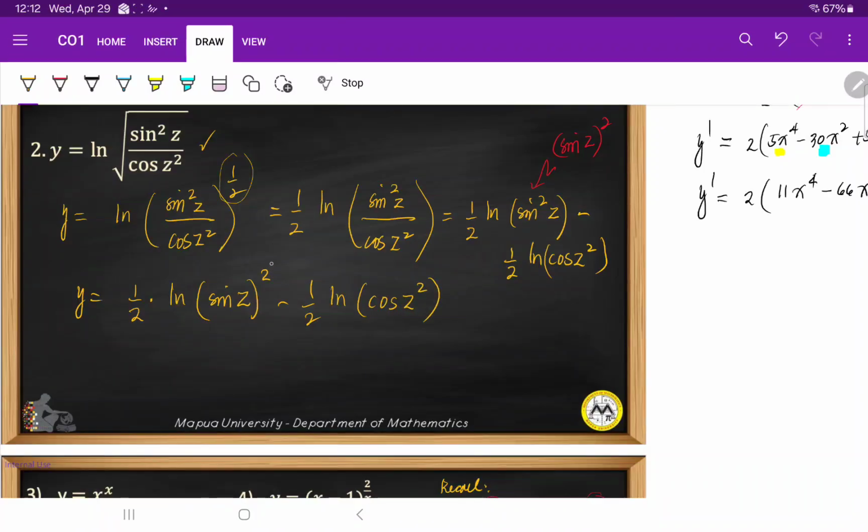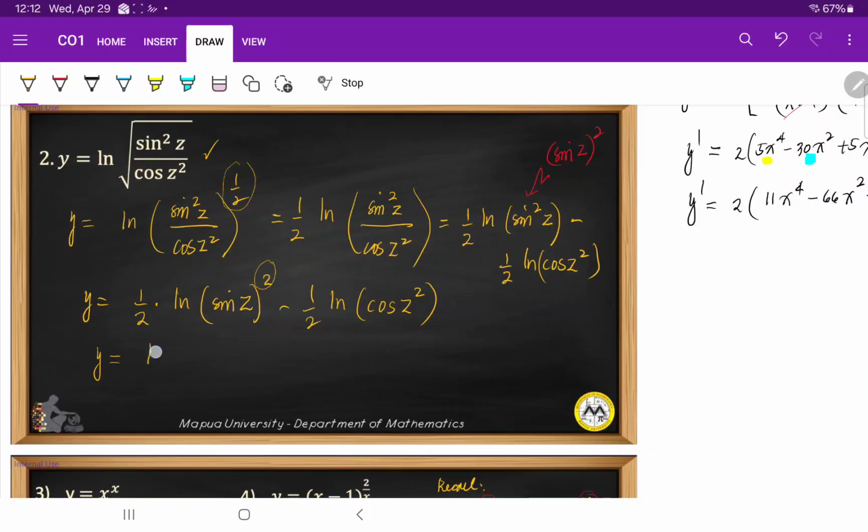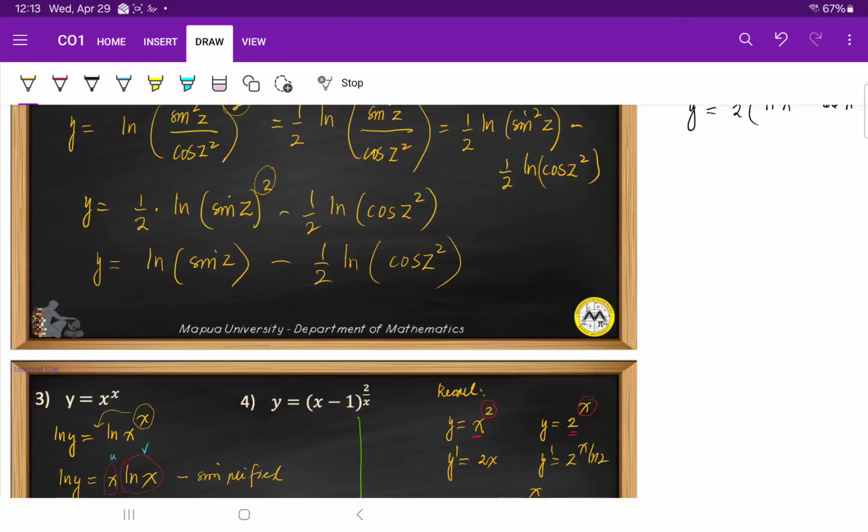And so, we can bring this down again. So, when you bring it down, 1/2 times 1 times 2 is 1. So, this becomes ln of sine of z minus 1/2 ln of cosine of z square. So, if we differentiate, we can now find the derivative.